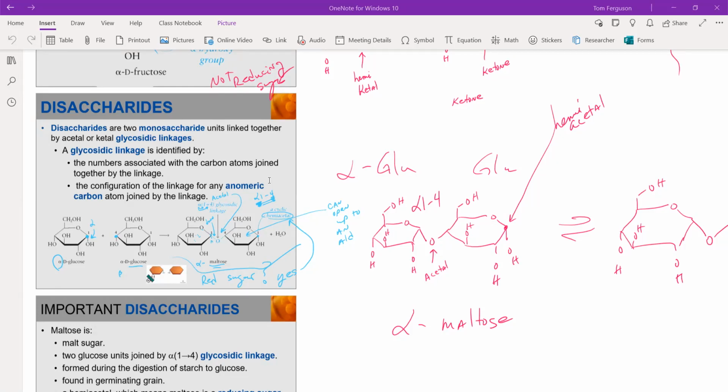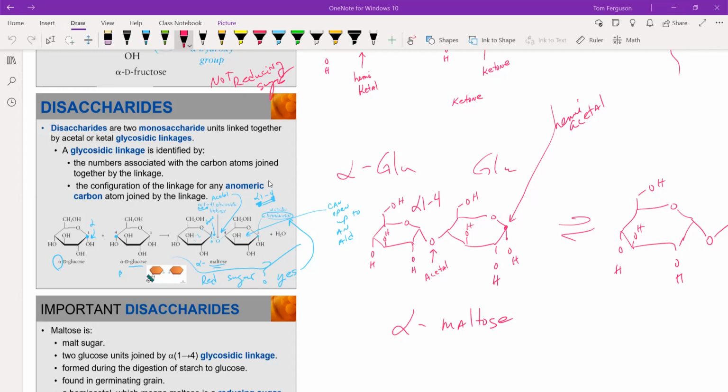And those linkages are how the anomeric carbon's hydroxyl group, which is right here, hooks up. Is it in the alpha position downward or the beta position upward?